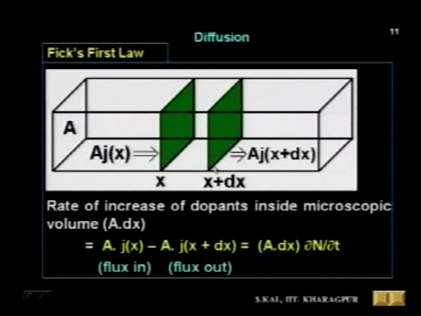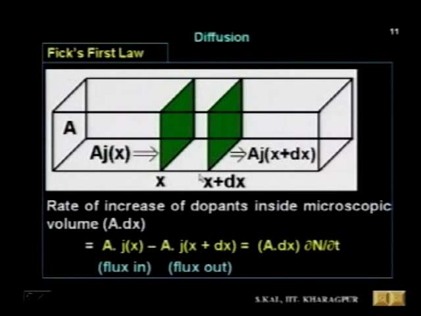Clear? That means flux in is A Jx, and flux out is what? A into Jx plus dx. So this is incoming and this is outgoing. The difference of that will remain inside this incremental volume. And what is the incremental volume between x to x plus dx?